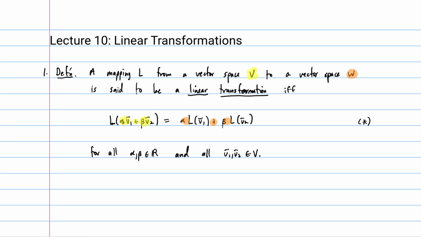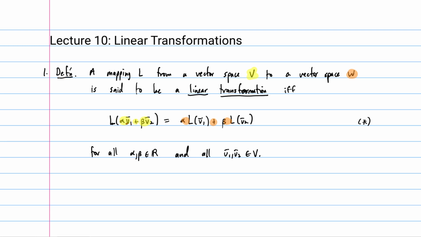So another way to describe a linear transformation is that the transformation or the function or the mapping, whichever word you want to use, let's use mapping because that's what I wrote here. But the mapping L must obey, or must respect is another word for it, the operations of the vector spaces, right? Another way to say it is that it preserves the operations of the vector spaces.